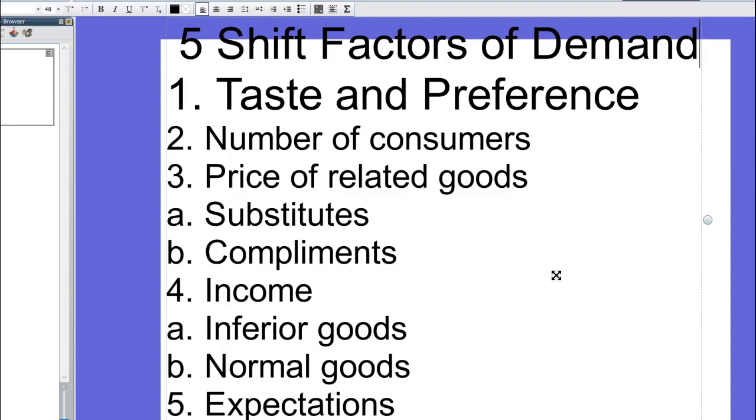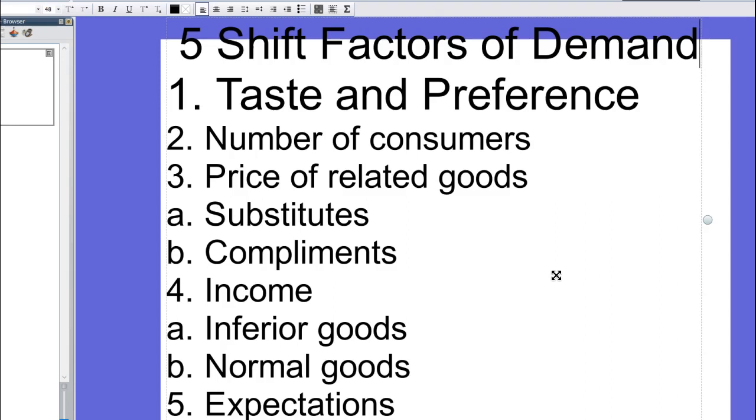Now, this is where we break this down into inferior and normal goods. If I have a very low income, you'll see me, I will buy more generic products. For instance, if you go into a grocery store, you may buy the store brand instead of the name brand. The store brand will be the inferior good, and the normal good will be the name brand.